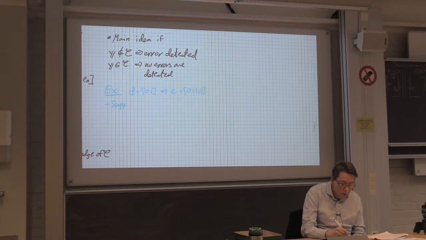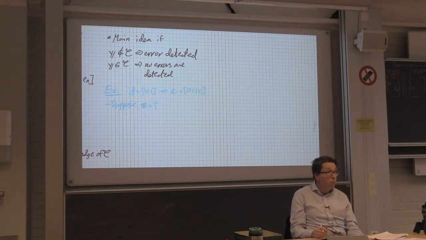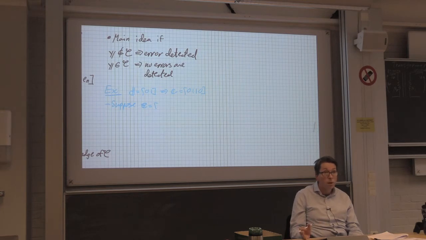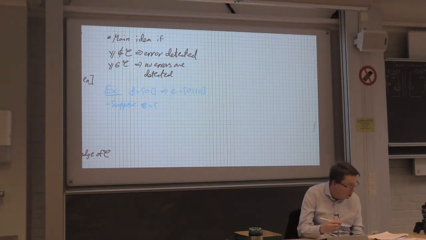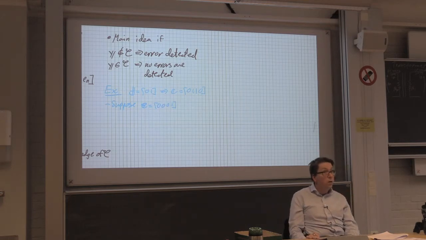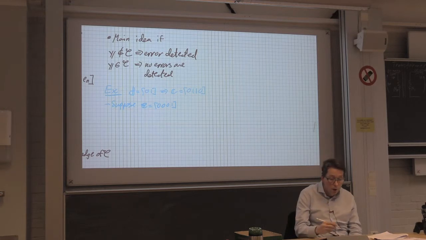Suppose the error pattern is, okay, so it has to be 4 bits, and it's 0 in those positions where there are no errors, and 1 in those positions where there is an error. So suppose it's 0, 0, 0, 1, which means that there is an error in the 4th position.